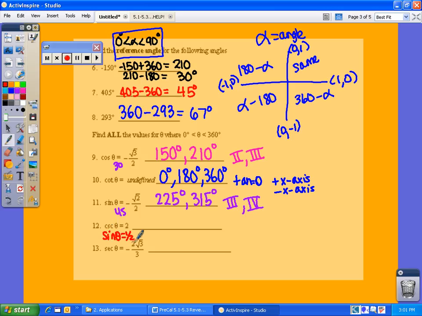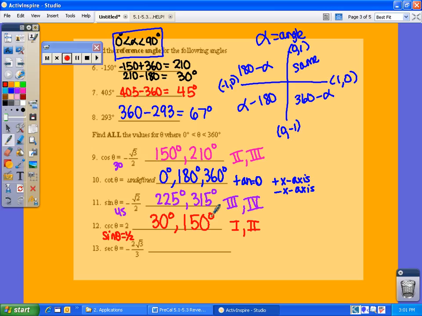Well, sine is positive in the first and second quadrant, and the only time I usually see 1/2 is at 30 degrees. So the second quadrant, the angle that has a reference angle of 30 degrees is 150. So those answers will be 30 and 150.